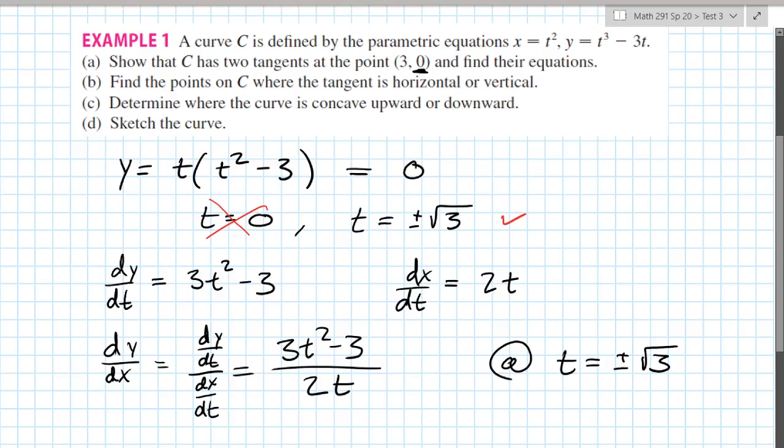Once we have the slope, we can go ahead and use point-slope form of a line to find the equations of the tangent lines. Okay, so you can fill in those details.